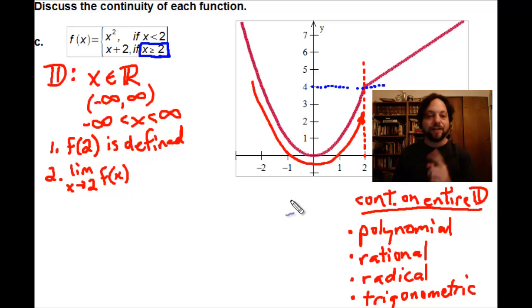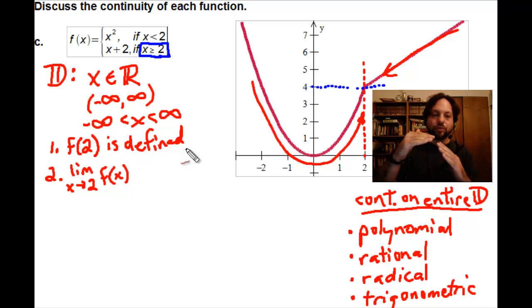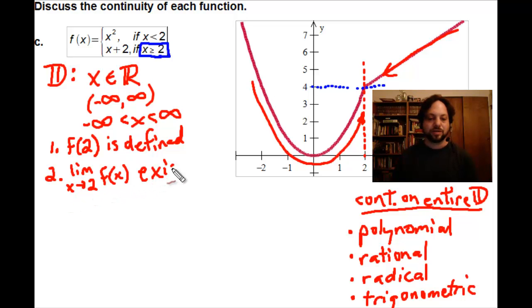Okay, so from the left, I'm okay. What's going to happen when I come from the right? And you might say to yourself, well, the same thing happens. Alright, it looks like the limit, whether we come from the left or the right, is going to be 4. So the limit as x approaches 2 does exist.